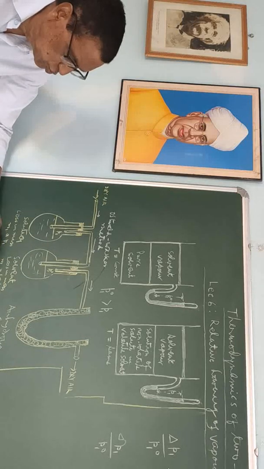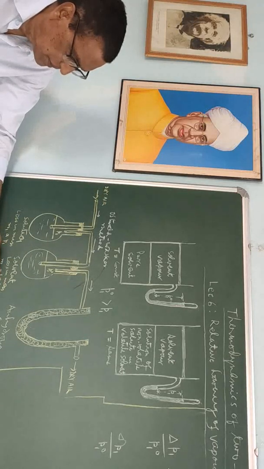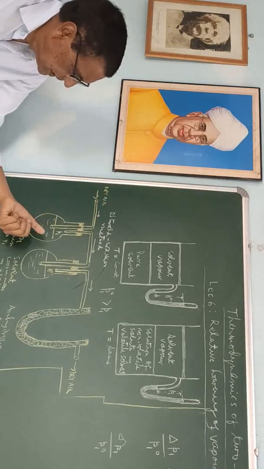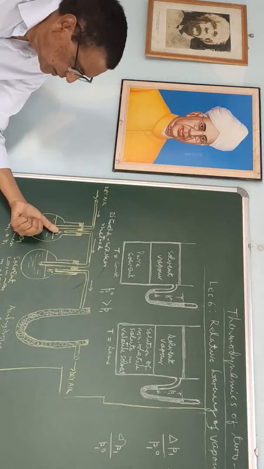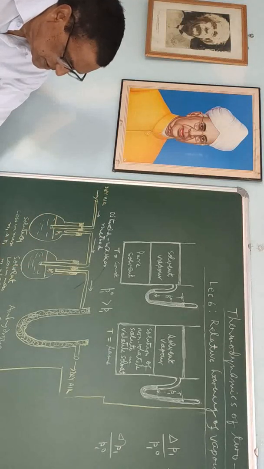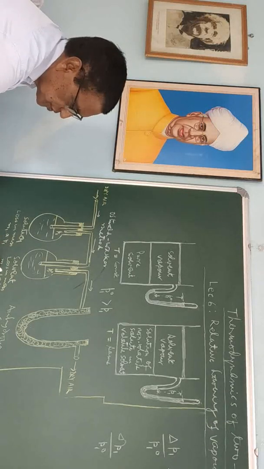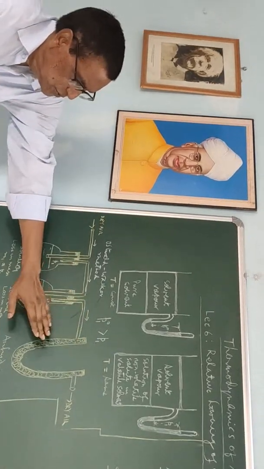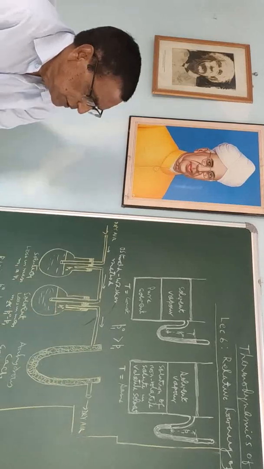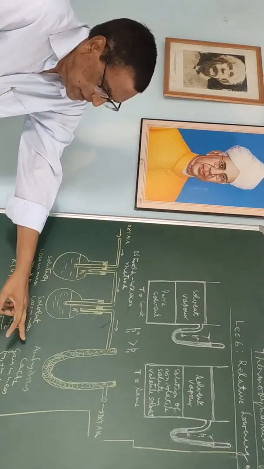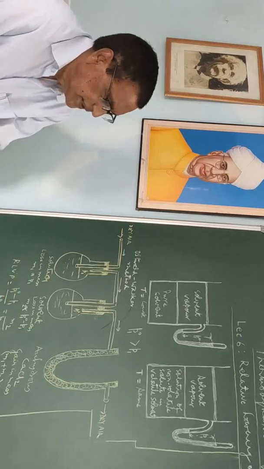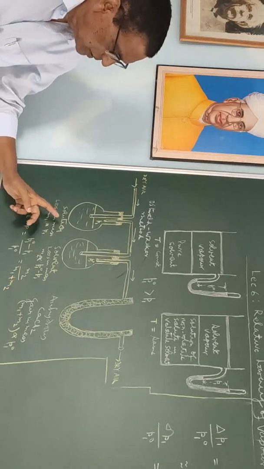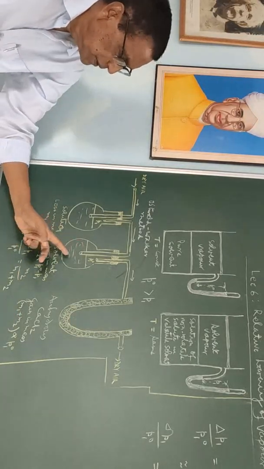This mass M2 is proportional to P1 naught minus P1, since the dry air was saturated up to P1 in the first case, and here from P1 to P1 naught. All the water will be absorbed whenever passing through the U tube with anhydrous calcium chloride, so there will be a gain in mass, equal to M1 plus M2, and this is proportional to P1 naught.